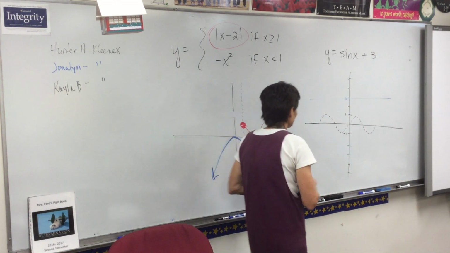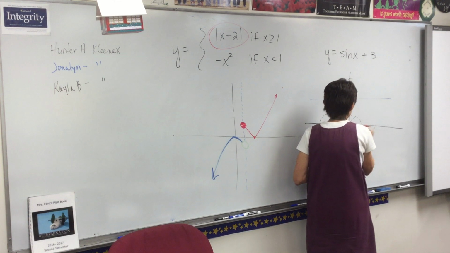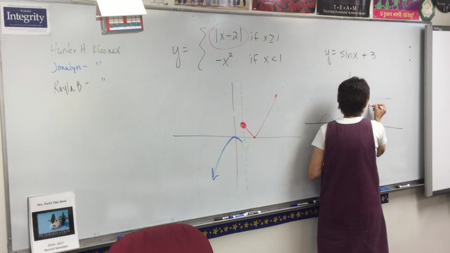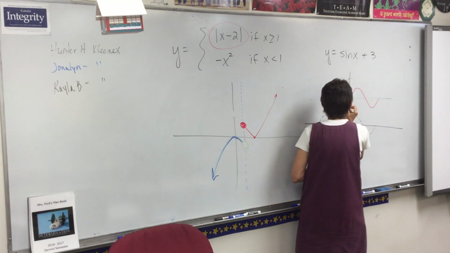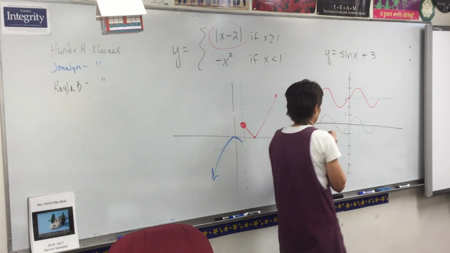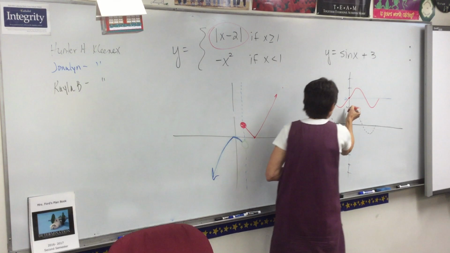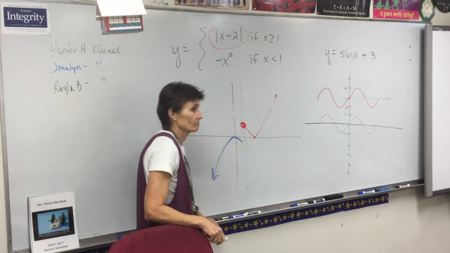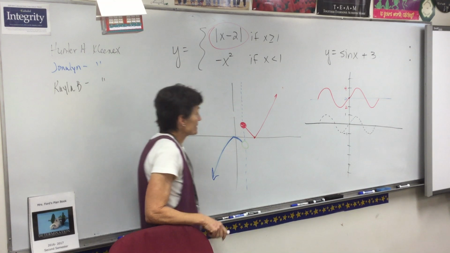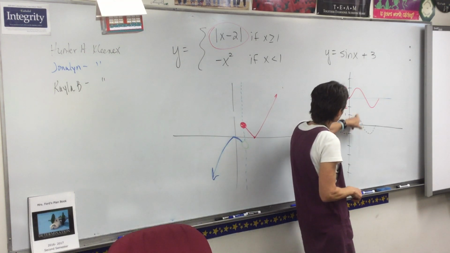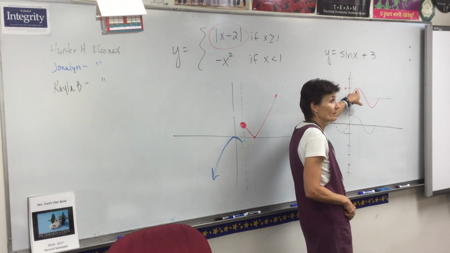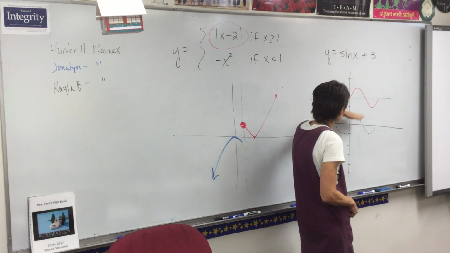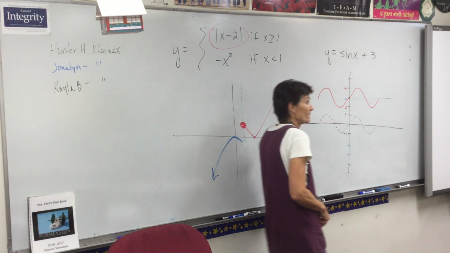So instead of going up to 1 and down to -1, it's going to go up to 4 and down to 2. Everything is lifted up 3. So the top of the hill was at 1. The top of the hill is now at 4. It oscillates 3 steps up from where it was in the beginning.